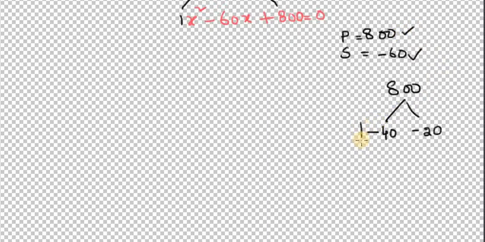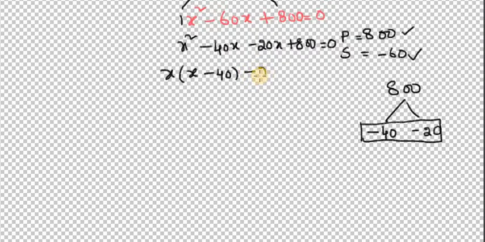So these are the possible factors for 800. If I substitute here, x square minus 40x minus 20x plus 800 is equal to 0. If I take x common in the first two terms, I get x into (x minus 40).